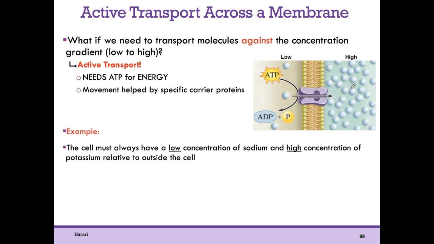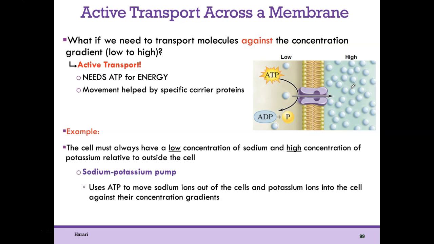So for example, the cell must always have a low concentration of sodium and a high concentration of potassium relative to the outside. And these relative concentrations are crucial for nerve and muscle function. So one active transport system in the membranes of these cells is a protein called the sodium-potassium pump.